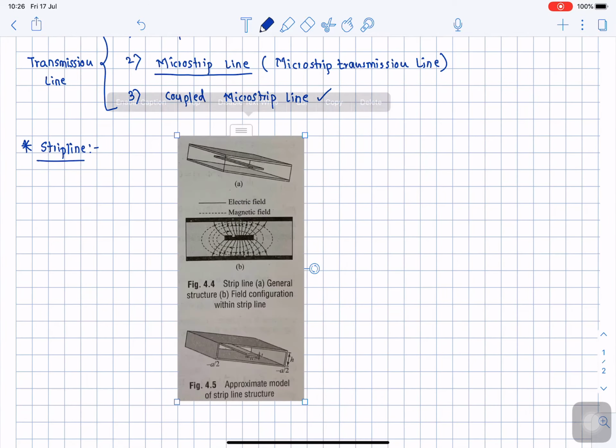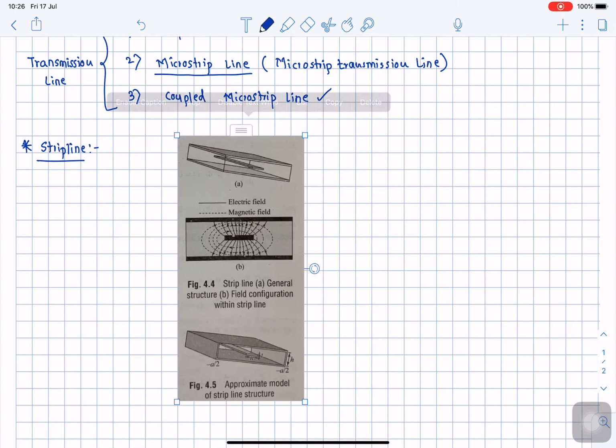Okay, so the electric field lines are getting oriented in this way. From the strip line it will start and it will end on the ground plane, in this way, right? So it will start from the strip line and they will end on the upper ground plane. And similarly from below on this side, it will start from the strip line and it will end on the bottom ground plane in this way.